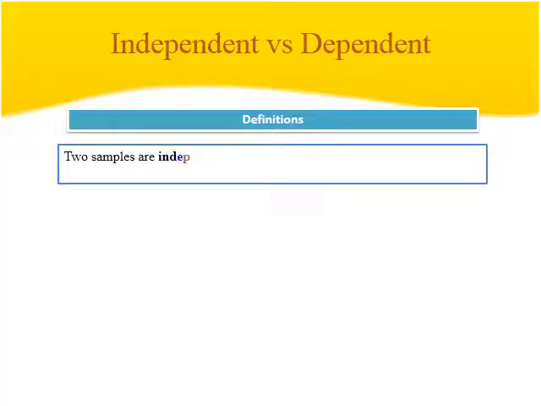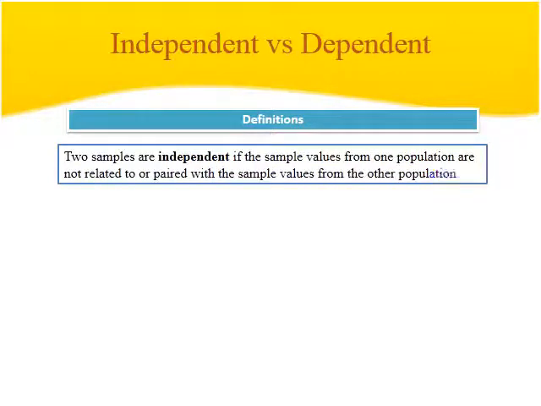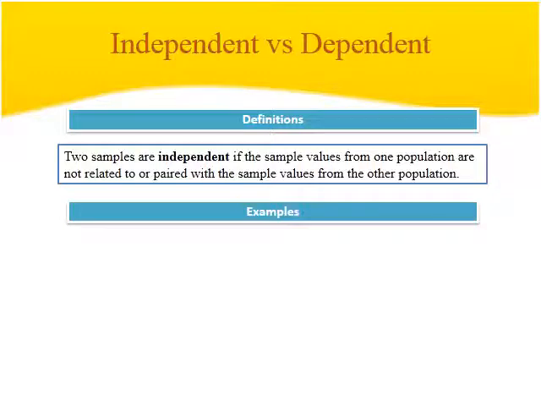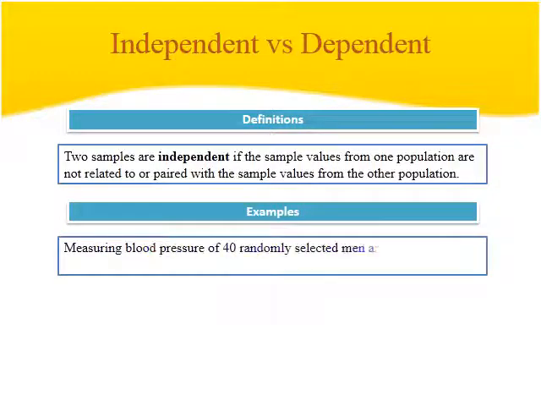So let me look at the definition of independent versus dependent. Two samples are independent if sample values from one population are not related to or paired with the sample values from the other population. For example, if we were measuring the blood pressure of 40 randomly selected men and 40 randomly selected women, and we wanted to compare the two blood pressures, those would be independent because the men are not paired with the women necessarily.